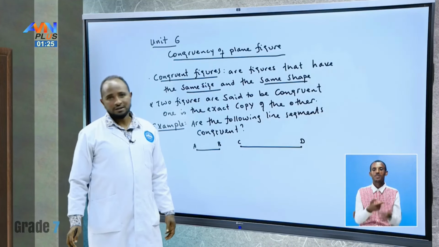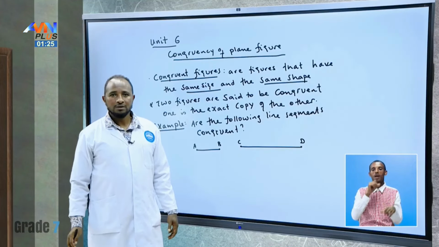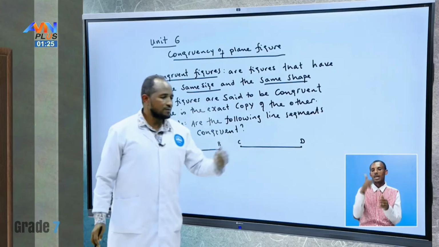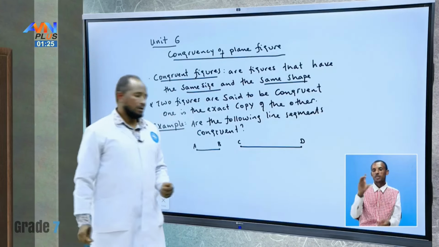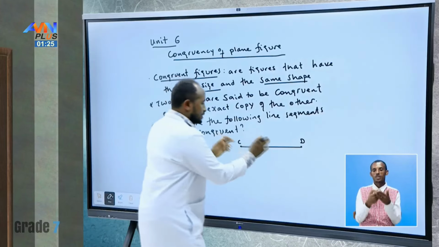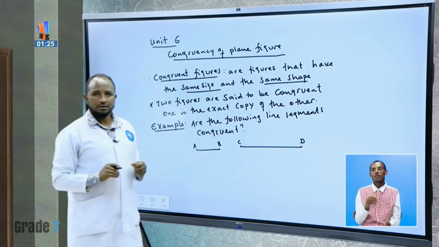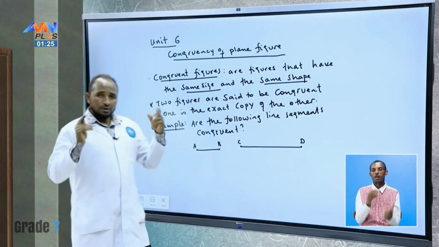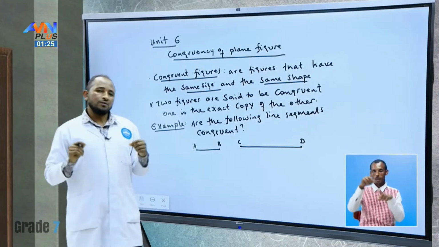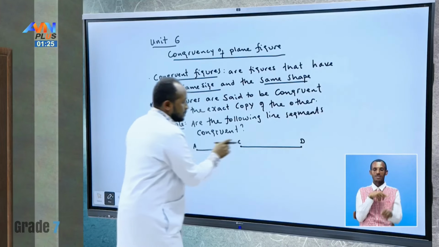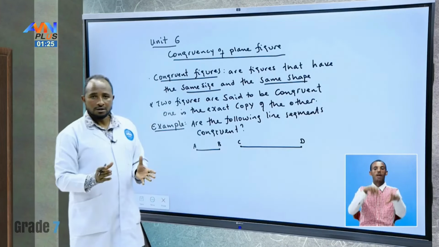These two line segments are not congruent. This one is not the exact copy of this line segment. And if you move this one and put it on this line segment, it doesn't fit. They are not equal. They are not congruent. So, in order to say two line segments are congruent, the length of each line segment must be equal.